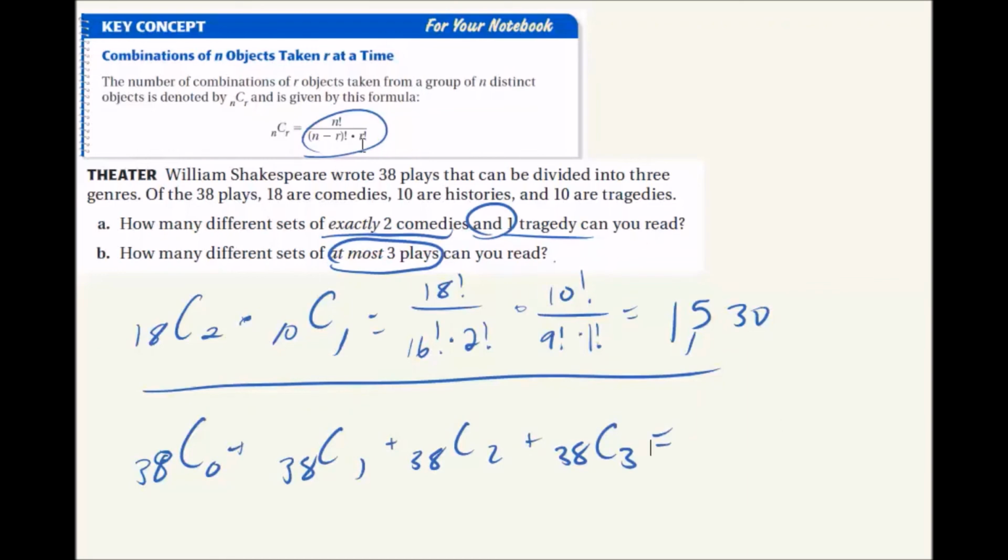Of course, I trust that you can fit it into this formula by now, and I'm just going to skip those steps for you. So when you put those into the formulas, you get 1 plus 38 plus 703 plus 8,436. Add all those together, and so there's 9,148 different ways you can read at most 3 plays.